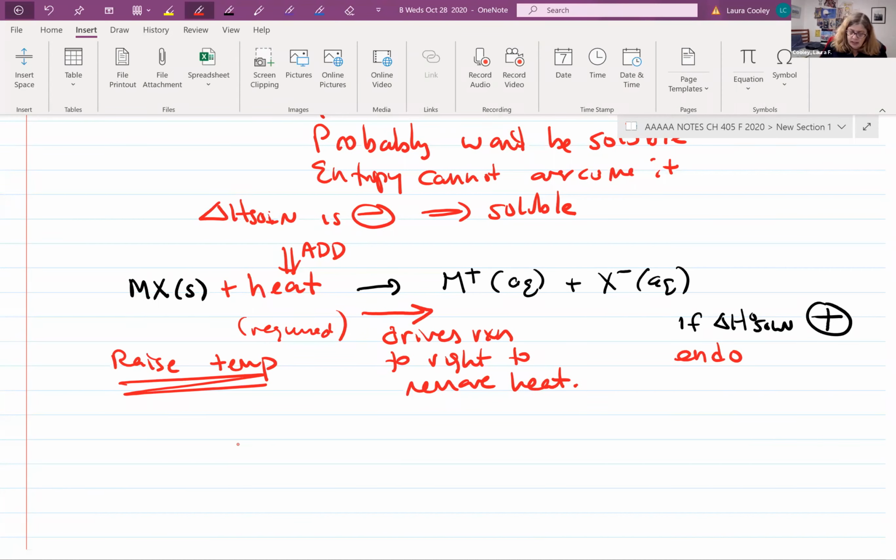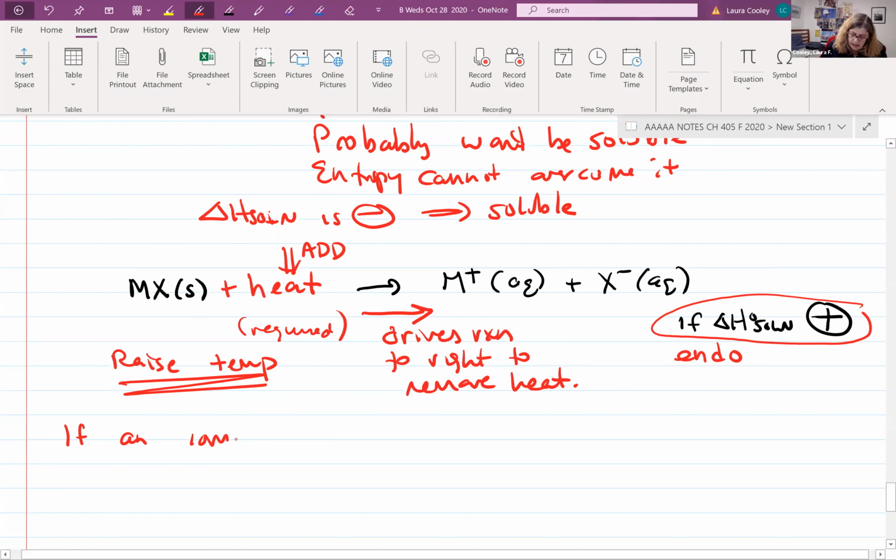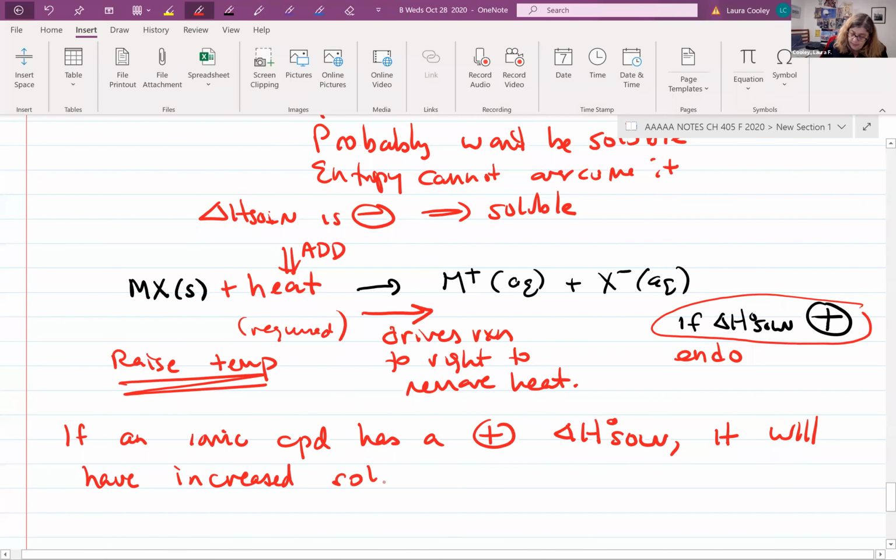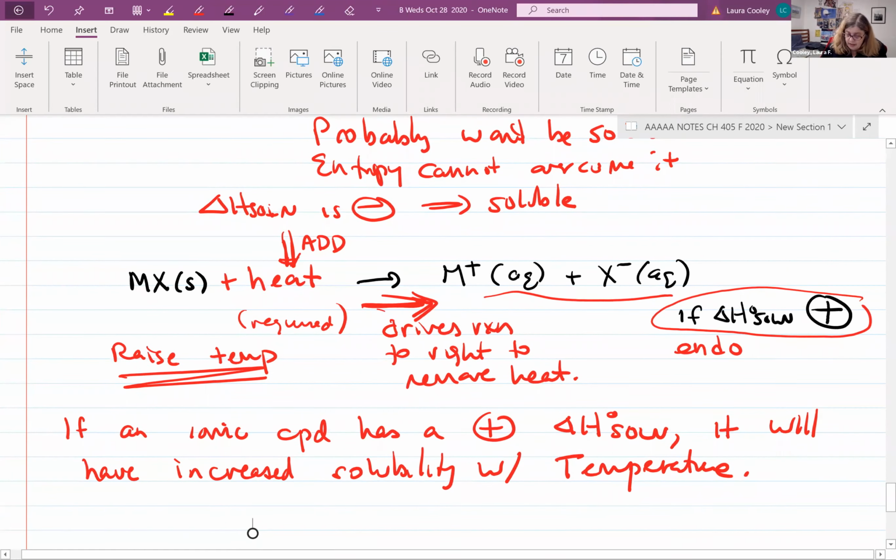If an ionic compound has a positive delta H of solution, it will have increased solubility with temperature. Do you see that, Corey? You got that? Yeah. You add heat, that's increasing the temperature. It's going to drive this reaction to the right, creating more products. The products are the dissolved ions.